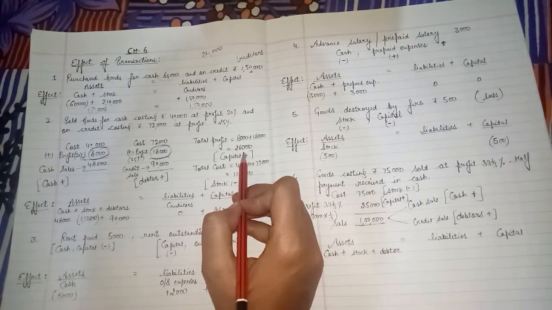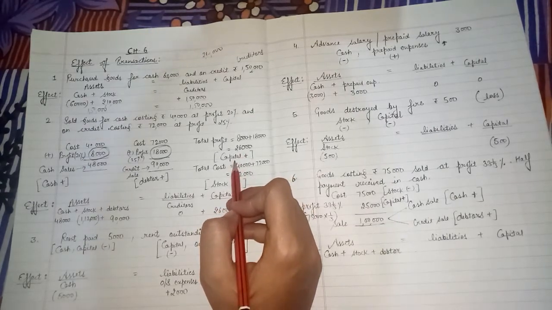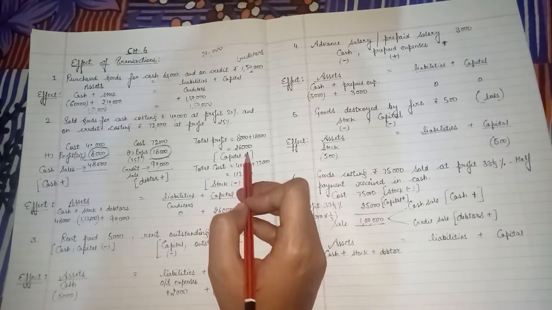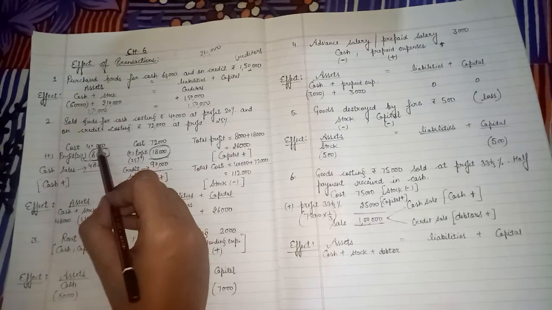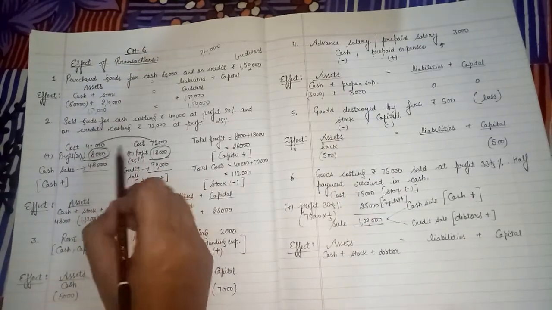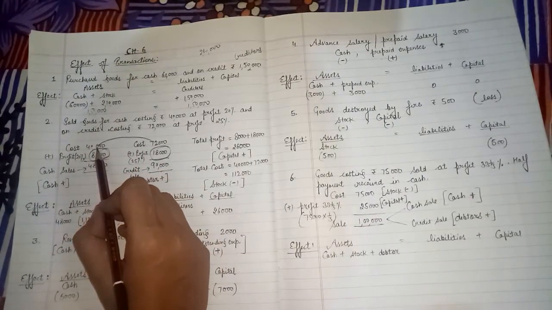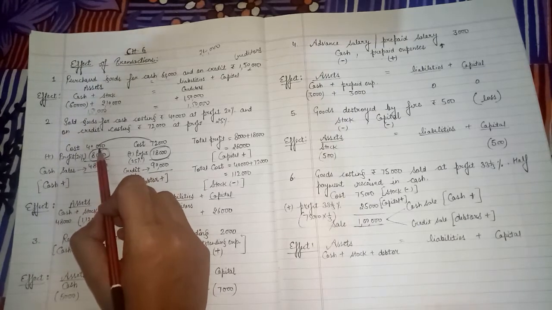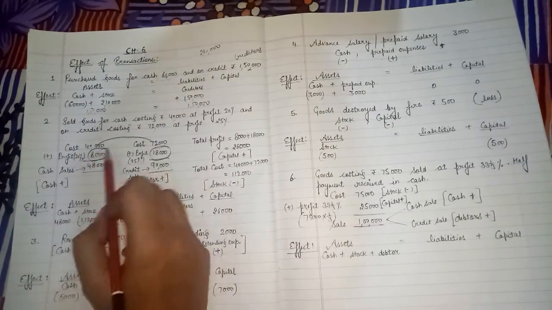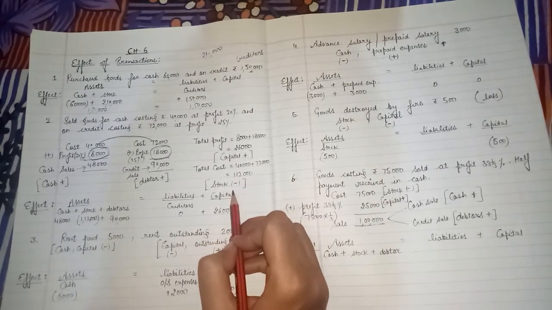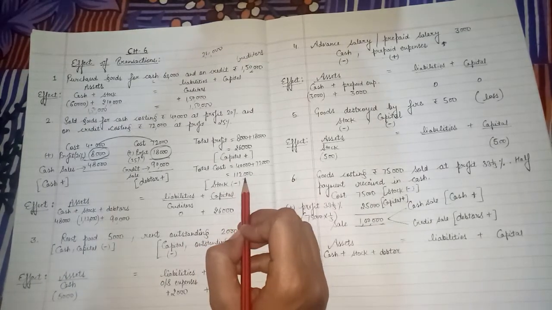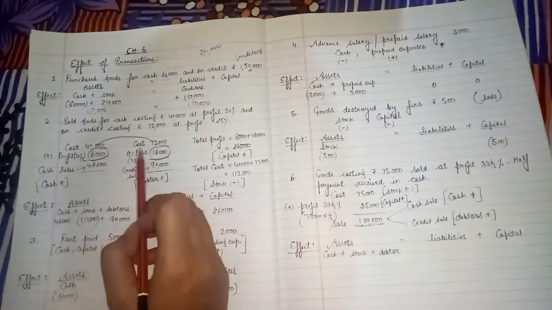And where does profit go? In capital. In capital, profits are added and losses are subtracted. So 26,000 will be added in capital. Clear? Now what is total cost? 40,000 plus 72,000. We are selling goods costing 40,000 and costing 72,000. Total cost 1,12,000. So our stock is reduced by 1,12,000.